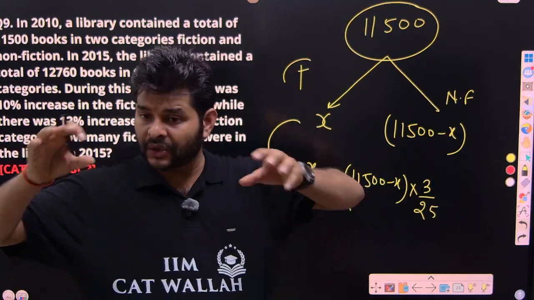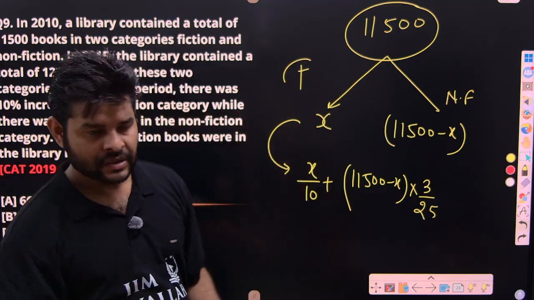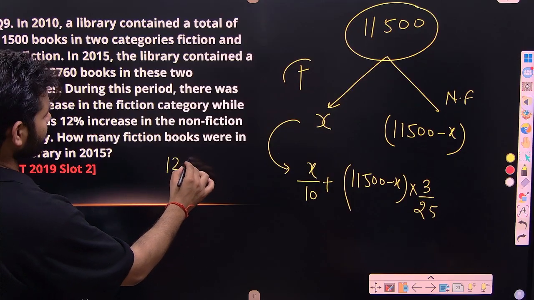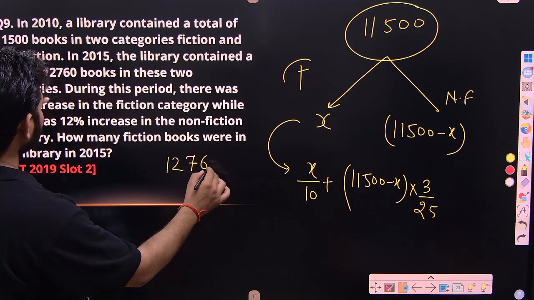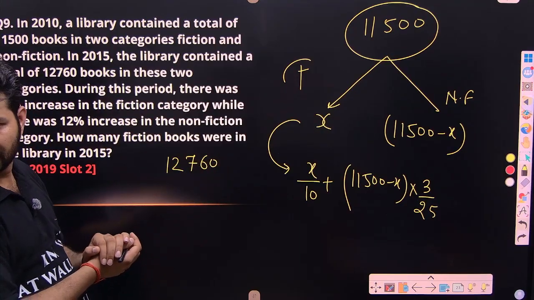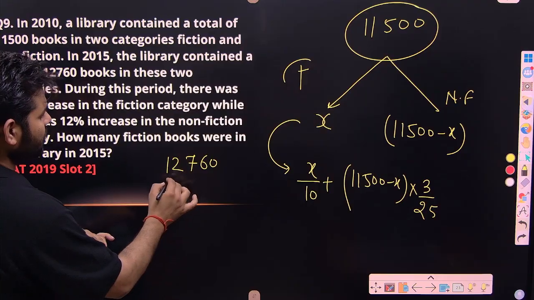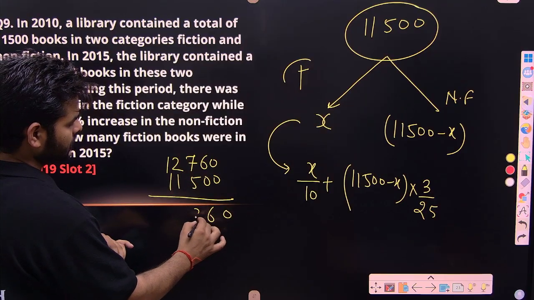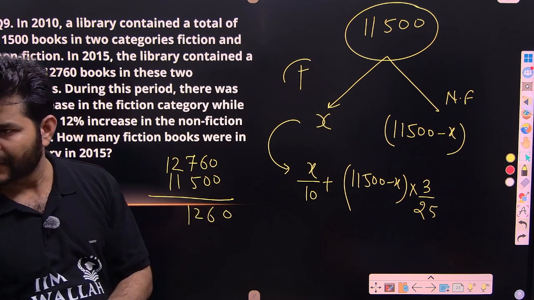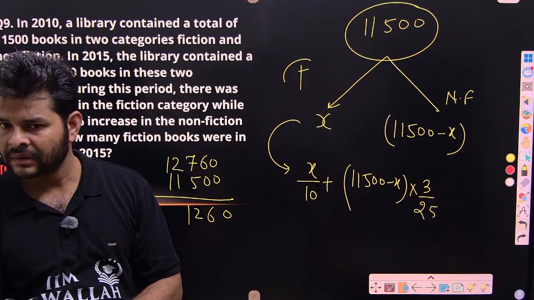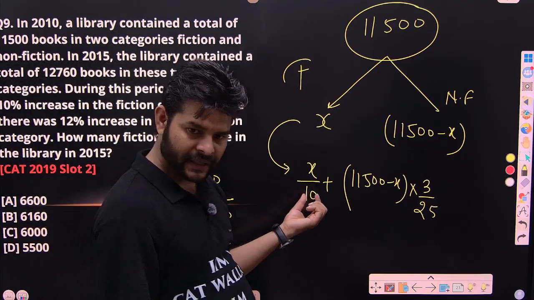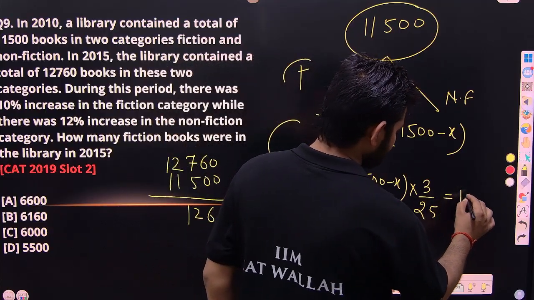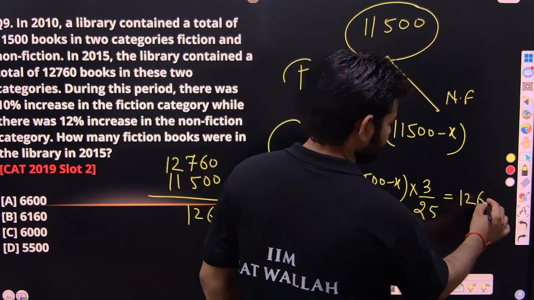So what would be the total change? In 2015, the total books are 12,760 and in 2010 the total books were 11,500, so how much increased? 1260. And here we have increased this and this, and that would be equal to 1260.